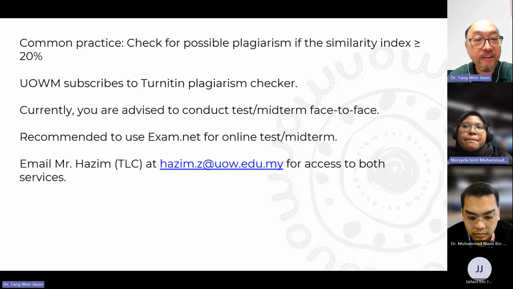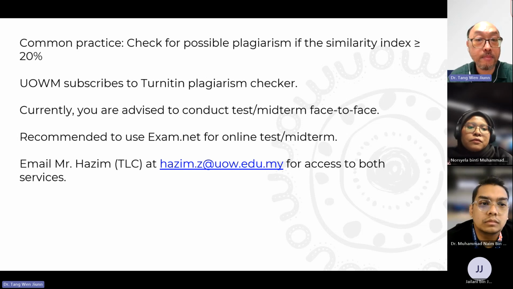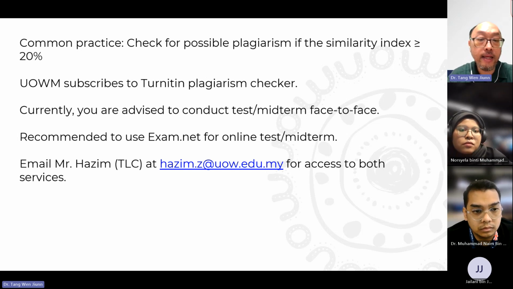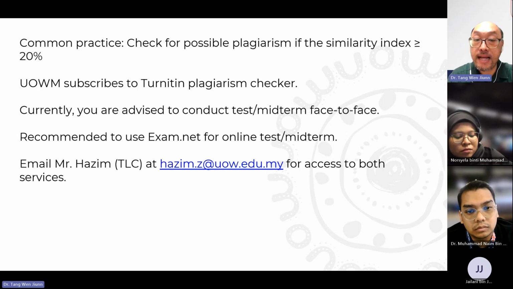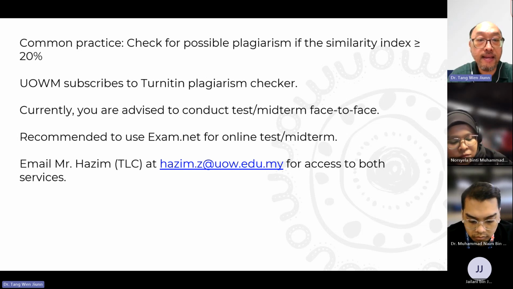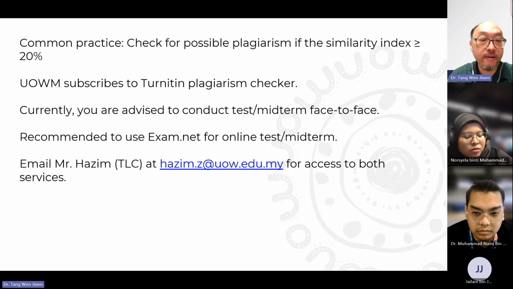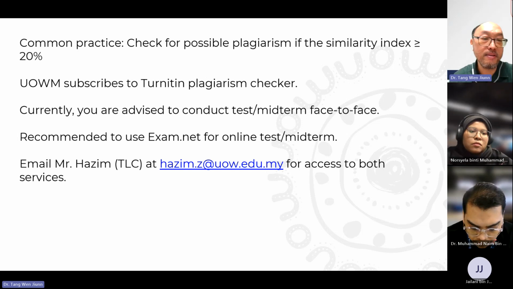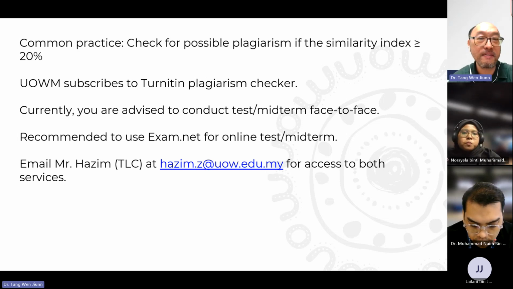In case you are doing some online tests or online midterm, you are recommended to use exam.net, which we have the subscription for. For Turnitin or exam.net, you can always ask Mr. Hazim from TLC for more information or access. That is his email address, or under your email, you just type Hazim and you should be able to see.